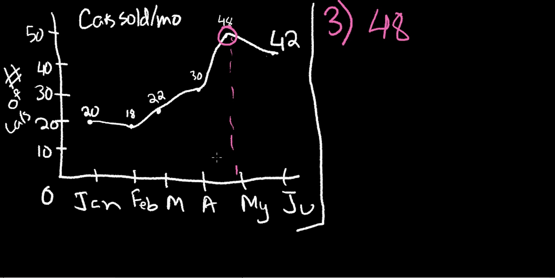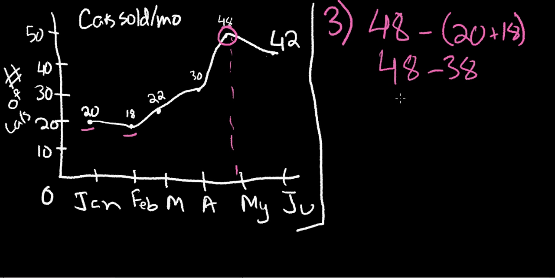The cars in January and February combined are 20 and 18. So 48 minus 20 plus 18, so it's 48 minus 38, which is 10. She sold 10 more cars in May than in January and February combined. That's choice A.